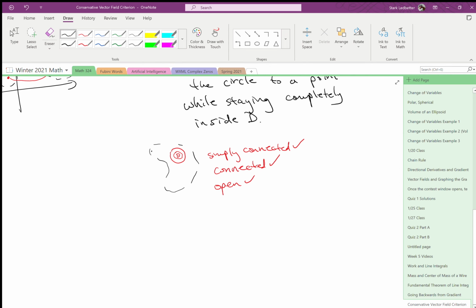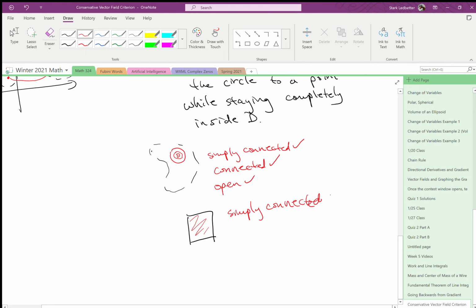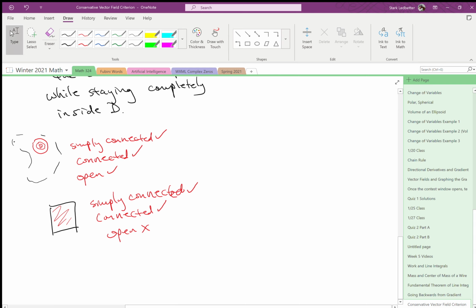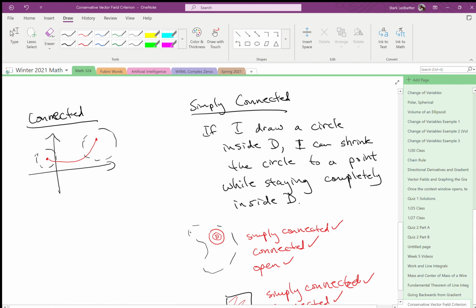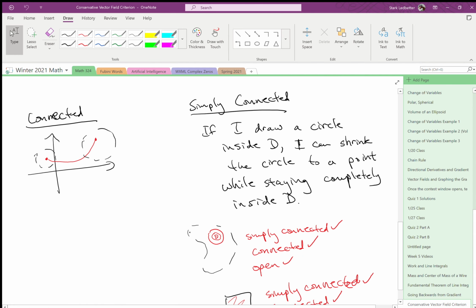Okay, I can make things like this: there's a closed square, so everything inside. That's simply connected, and not open. Okay, so so far it seems like simply connected and connected might be the same thing.